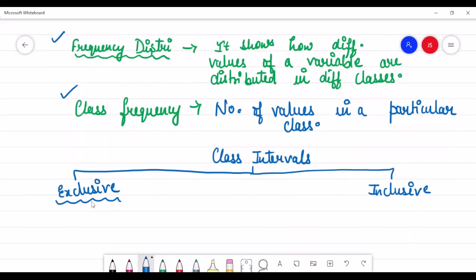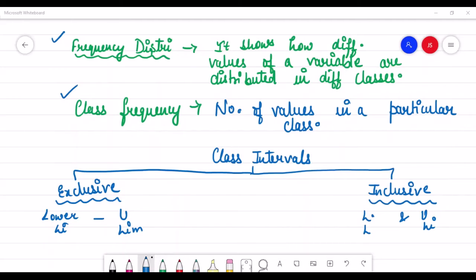Exclusive means when we exclude the lower limit or the upper limit in calculating the class frequencies. But what are inclusive class intervals? When we include either or both lower limits and upper limits in calculating our class frequencies.